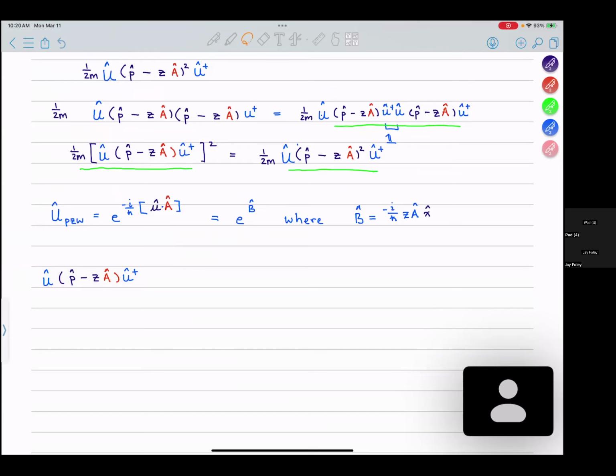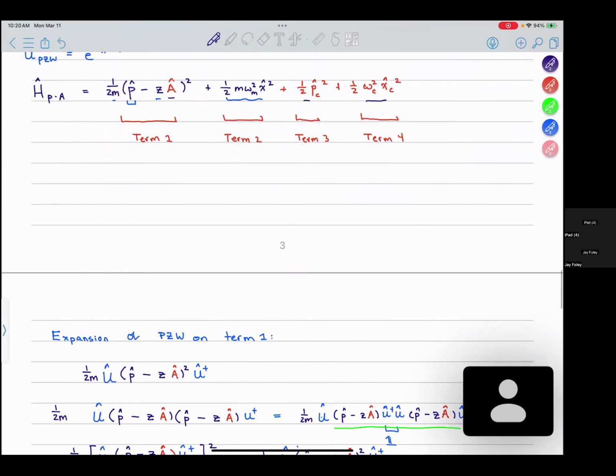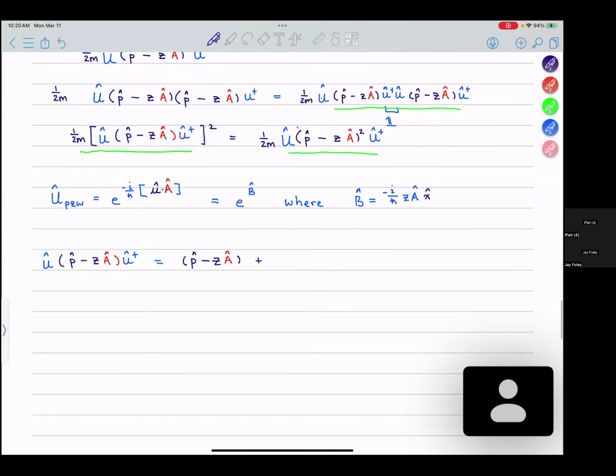And I'm going to write, now this thing is equal to the thing that I'm trying to transform, which is p hat minus z a hat, plus, now I need the first commutator, so B hat.